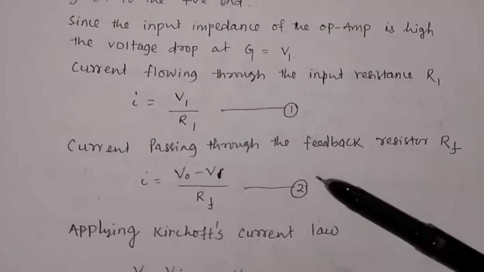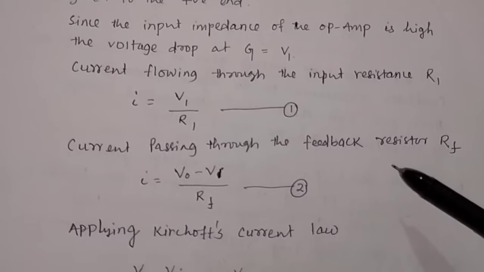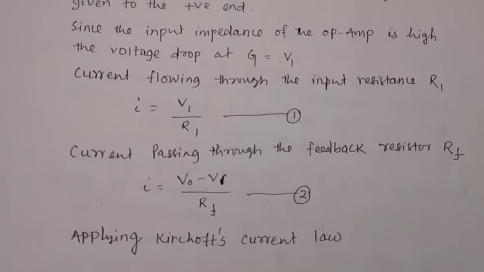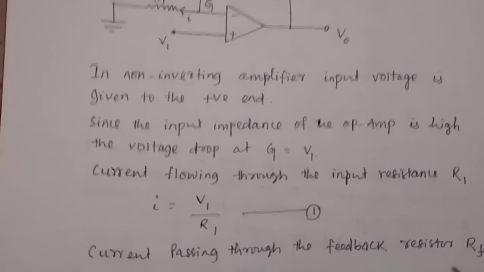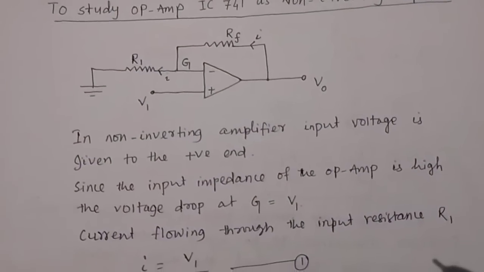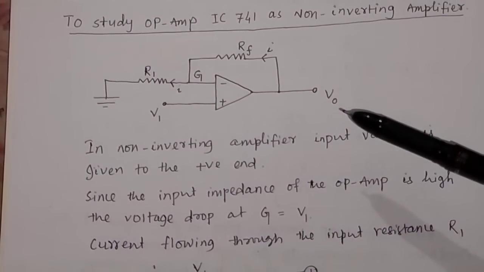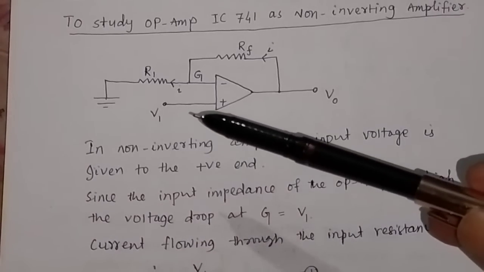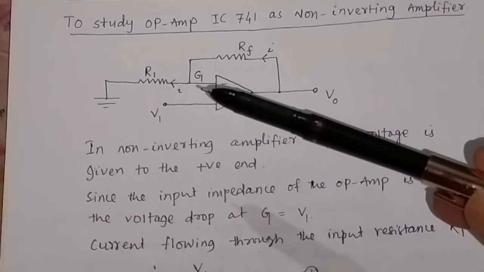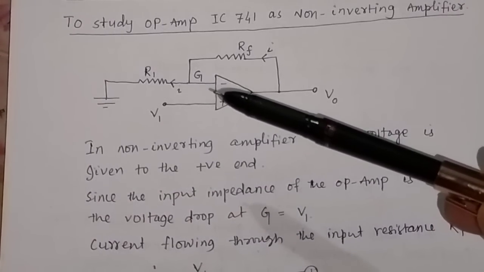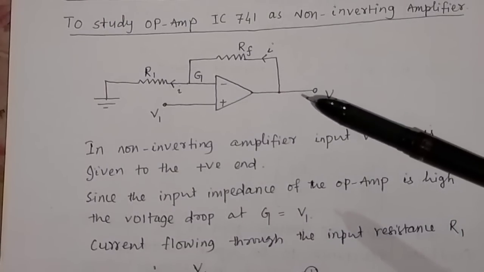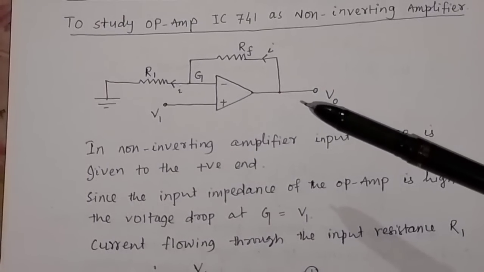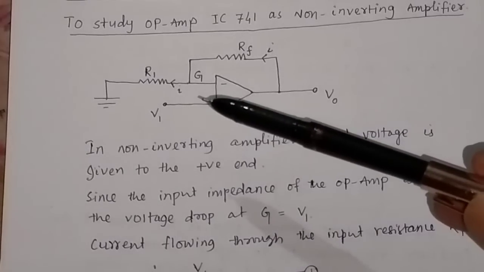Then what will be the current passing through the feedback resistor RF? You see, the output voltage is V0, and the input voltage is V1, and here the voltage is also V1. So the difference in voltage is V0 minus V1.